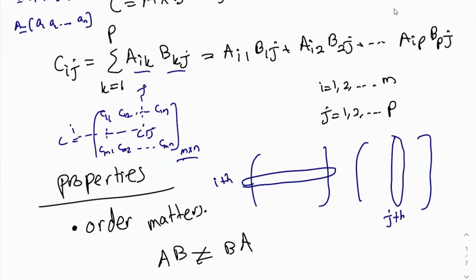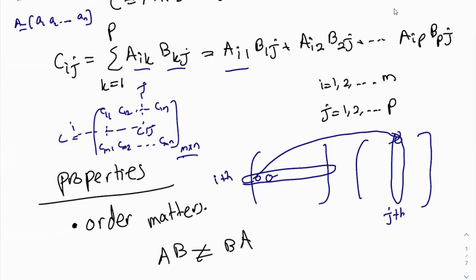If you plug in different values of k, you will see that this is equal to ai1, the ith row and the first column of A, multiplied by b1j, the first row of B and the jth column. Plus ai2, the second column of A and the ith row, multiplied by the second row of B and the jth column.